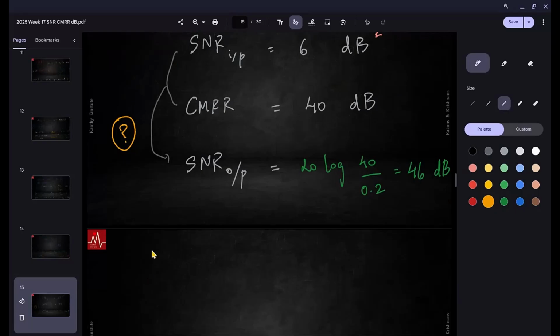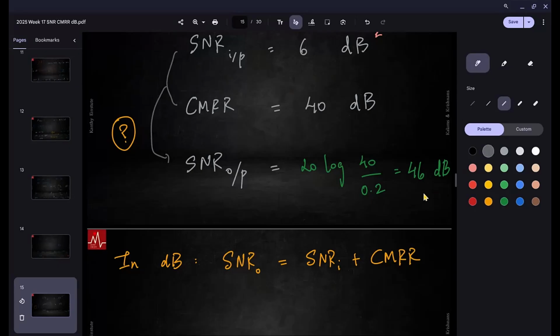So in dB, SNR output is SNR input plus CMRR. Yeah, this is in dB.